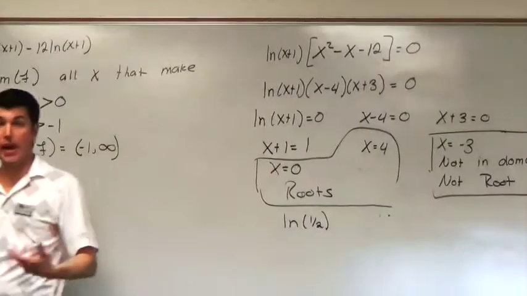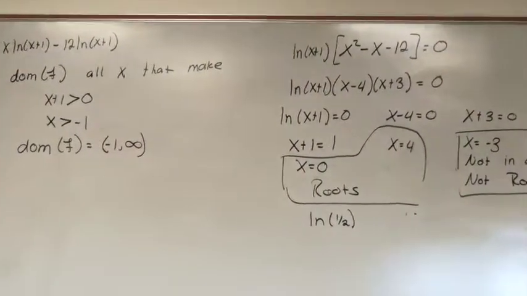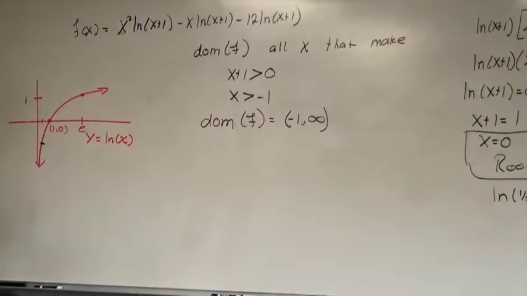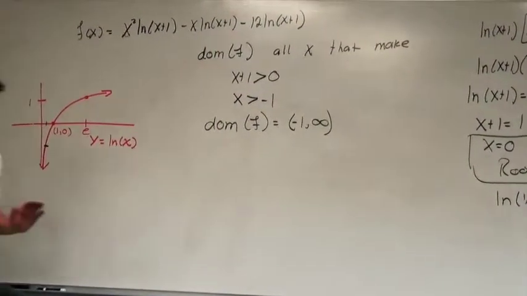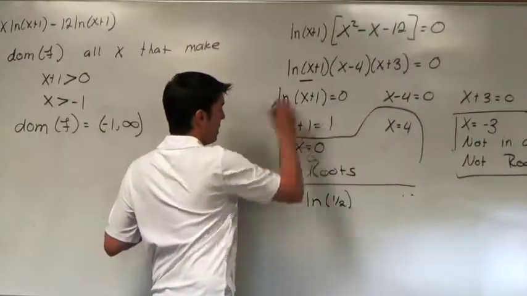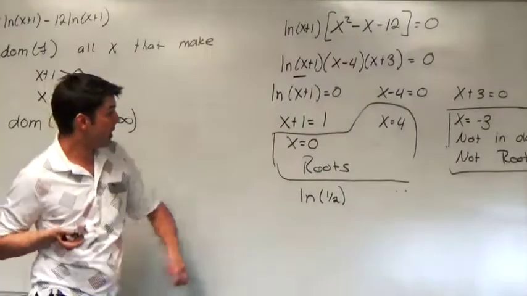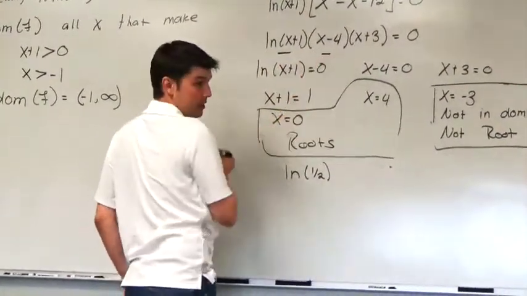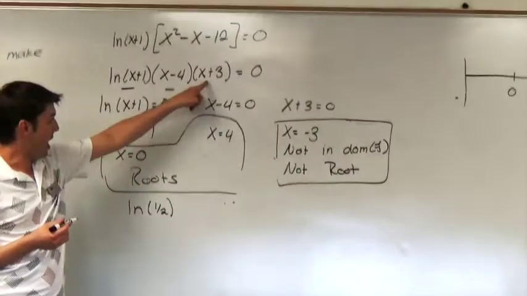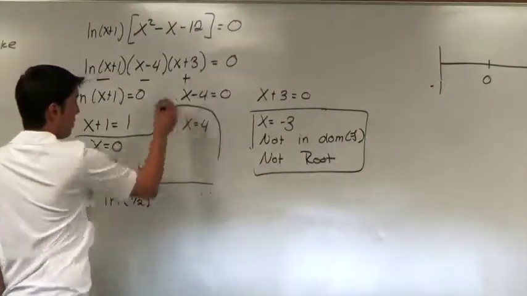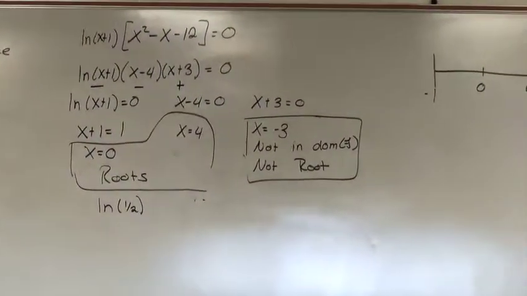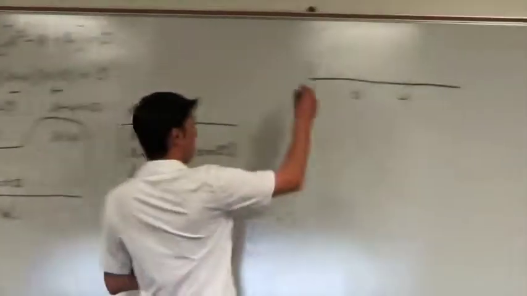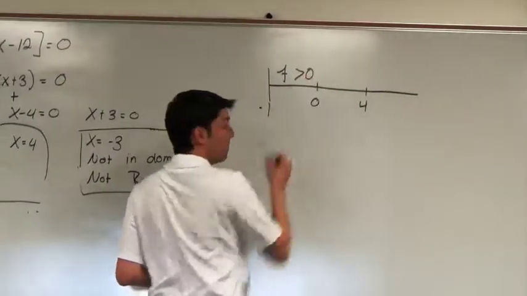I don't know what log of a half is, but from the graph, here's 0, here's 1, and log of a half is some negative value. So this first factor would be negative. If x is negative 1/2, we get negative 1/2 minus 4, that's negative. Negative 1/2 plus 3 is positive. So we have the product of two negatives and a positive. That produces something positive.